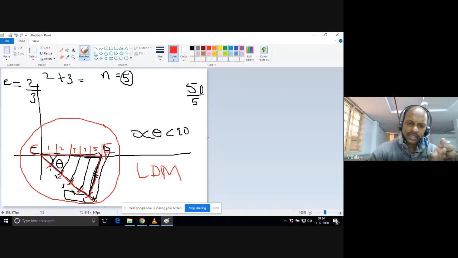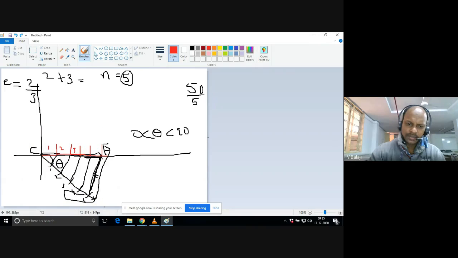Tighten the mini drafter knob and move the drafter from the fourth arc, third arc, second arc, and first arc. In that way you can divide the given line into n number of equal parts.